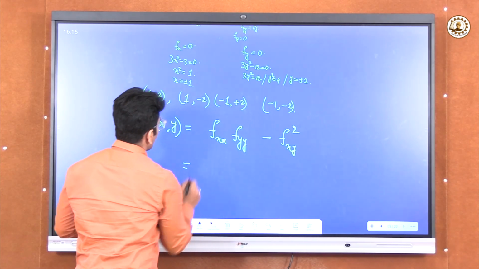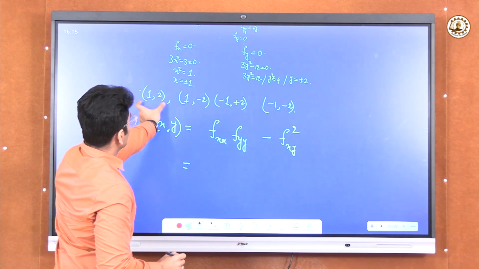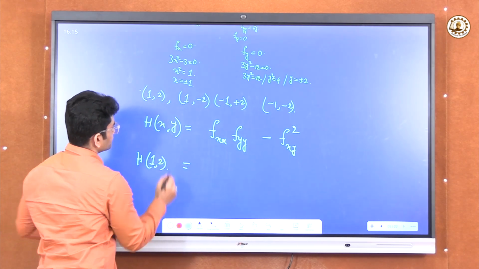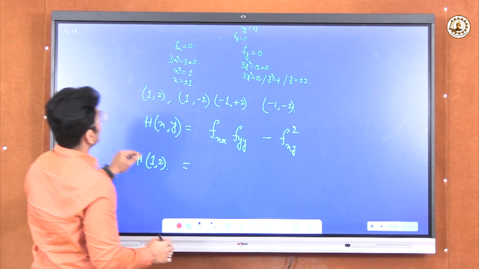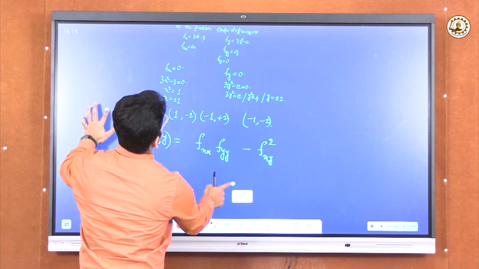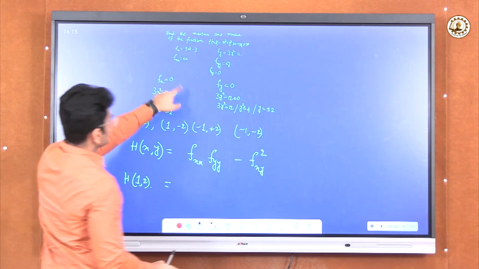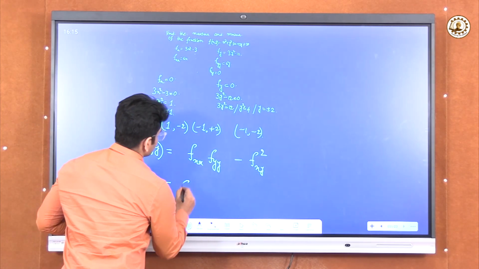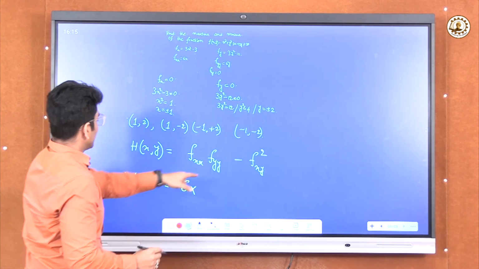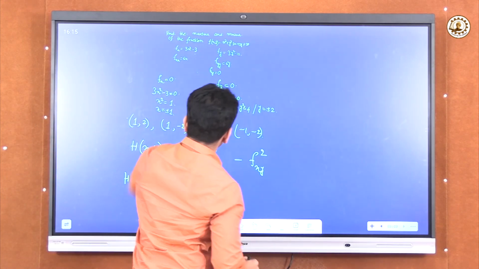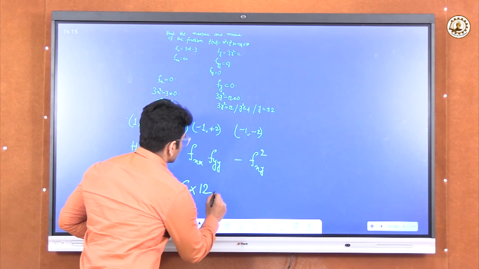Now if I put the point (1, 2), h of (1, 2) will be fxx at x equal to 1, which is 6, and fyy at y equal to 2, which is 12.